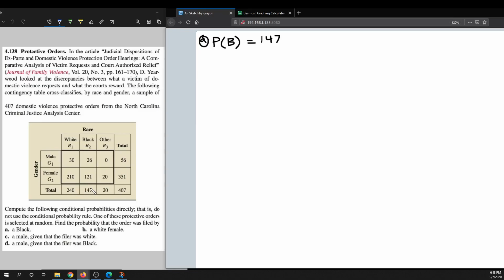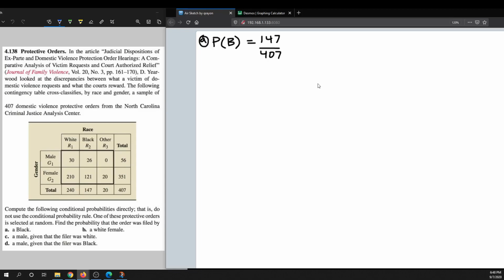And then that is going to be the number of people in our event, and then we divide by the number of cases in our sample space, and that would be 407. So that's a probability just like we've been calculating before.